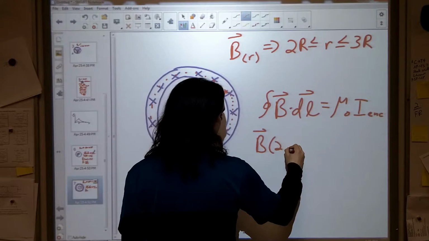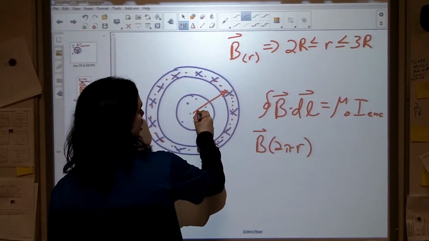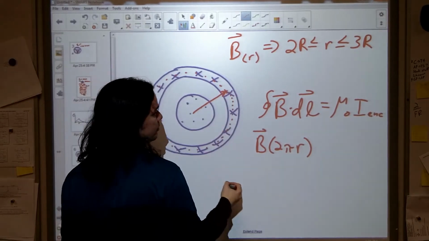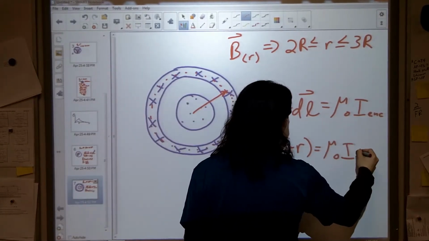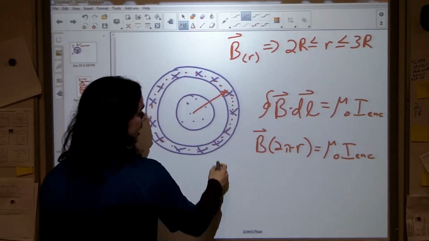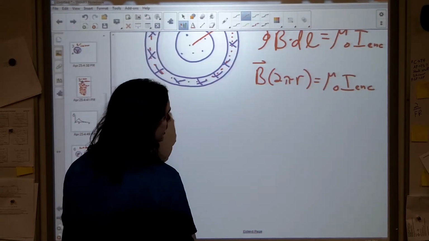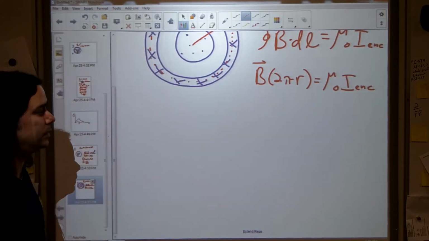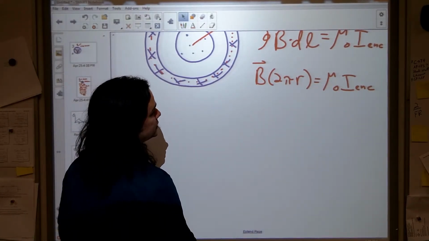We've got B times 2 pi r, for r being the radius of our Amperian loop, and mu naught times I enclosed. We need to find I enclosed and see how much, if any, it is a function of r, because it very well might be. This is why it's kind of complex to try and graph that. So we're going to take a look at what this is going to be.